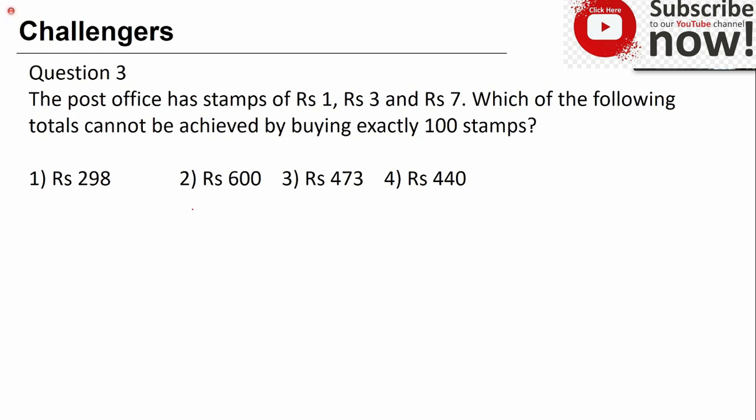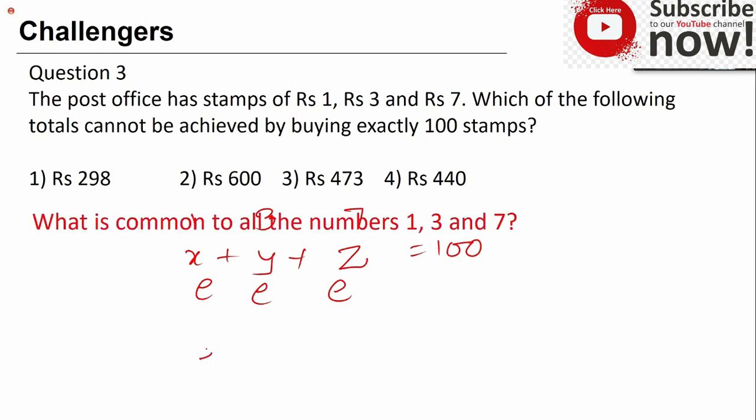So what should I do over here? I have a 1 rupee stamp, a 3 rupee stamp, and a 7 rupee stamp. Let's say there are X, Y, and Z number of stamps. Total stamps are 100. So how can I break up 100? 100 can be achieved in two ways: either even, even, even, or even, odd, odd.